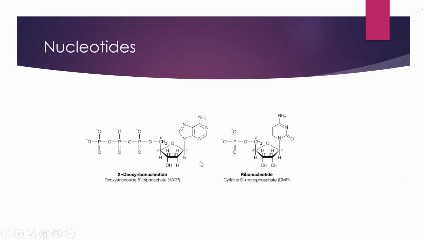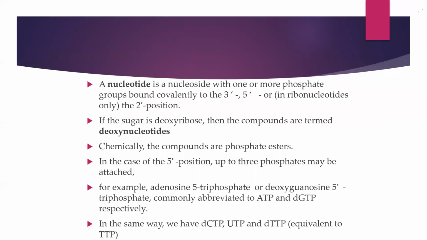So these are the nucleotides, which are nothing but nucleosides with one or more phosphate groups attached to the sugar moiety, usually at 5' position or 3' position, or it could be 2' position. It is a nucleoside with one or more phosphate groups bound covalently to the 3', 5' or 2' position.